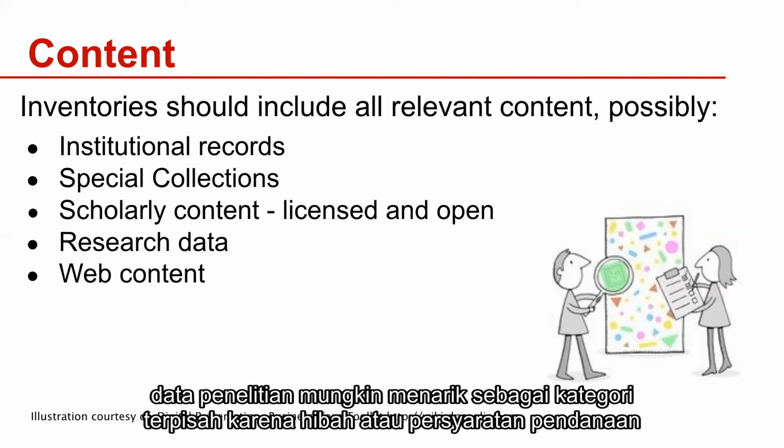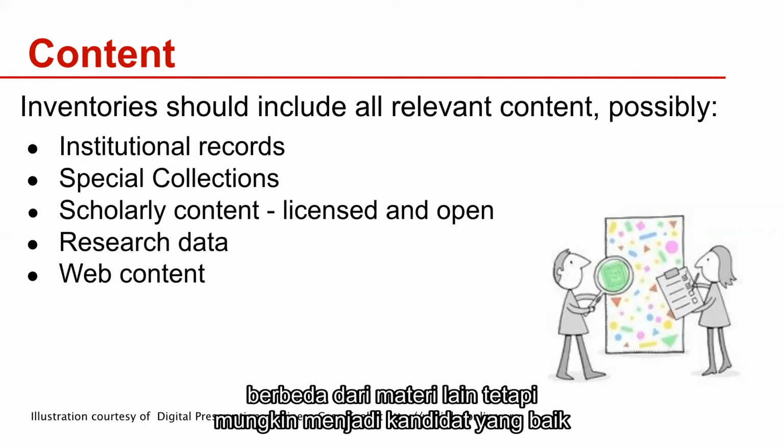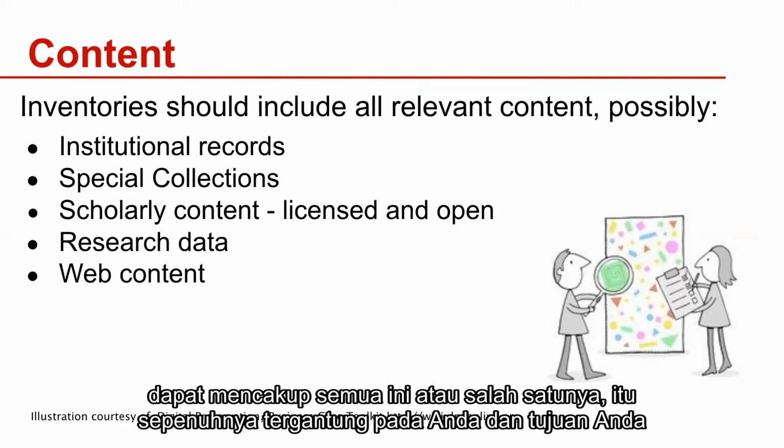It may be of interest as a separate category due to grants or funding requirements. Web content is another area that is often collected and perhaps stored differently than other materials, but may be a good candidate for an inventory as it's also part of your total assets. And your inventory could include all of these or one of these. It is completely up to you and your goals.